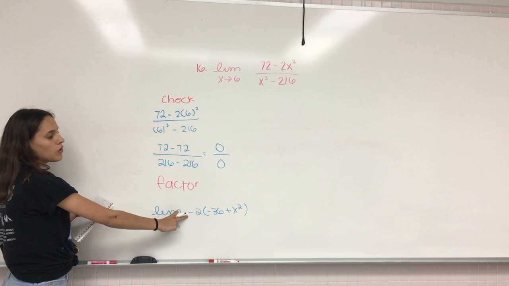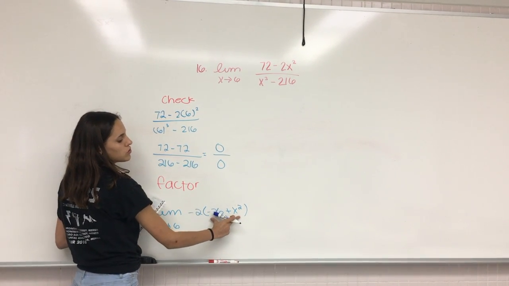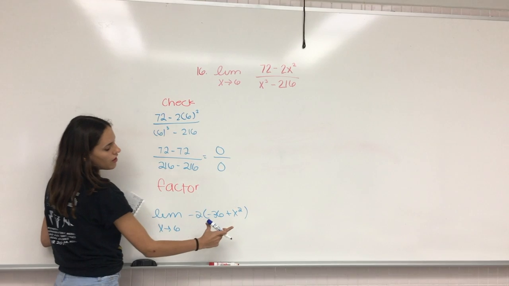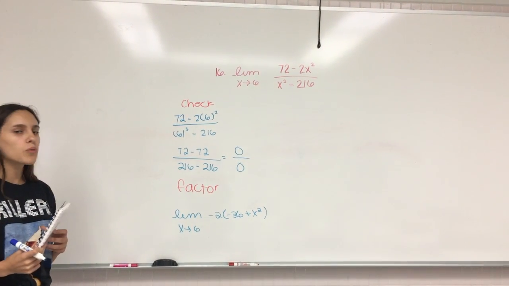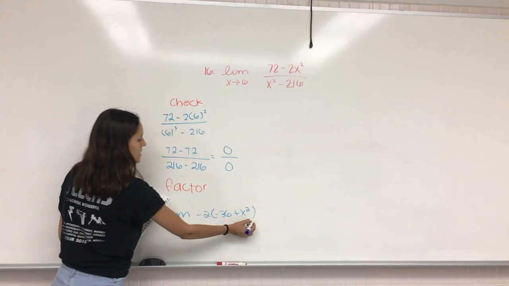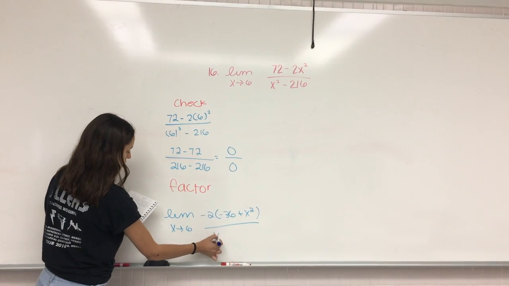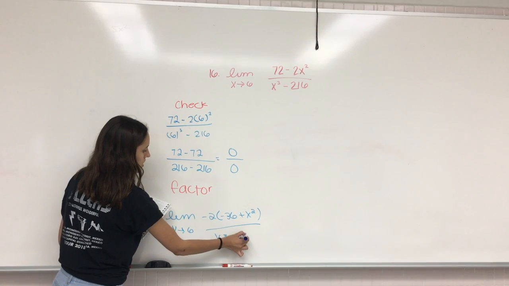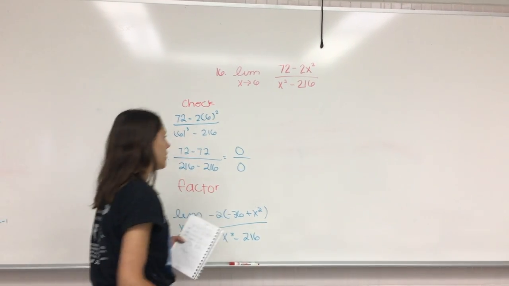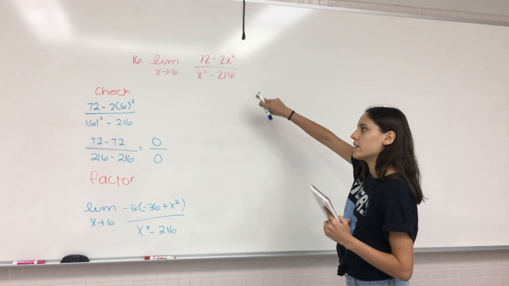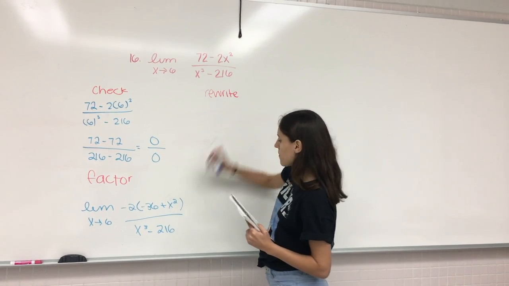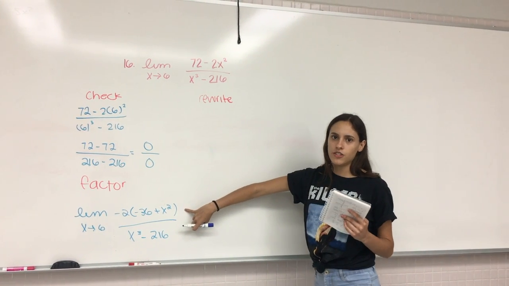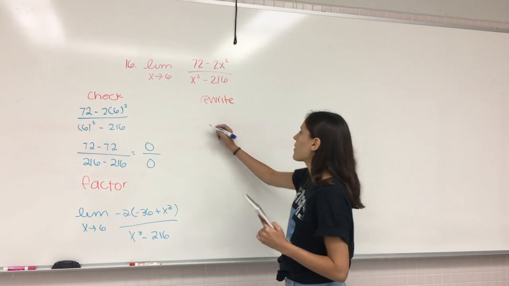Y minus 2, for us to be able to have this equation, this x positive, so we can have an easier way of doing it. And this is over x to the third minus 216. Here, we will just be rewriting this, but in an easier and better looking way.